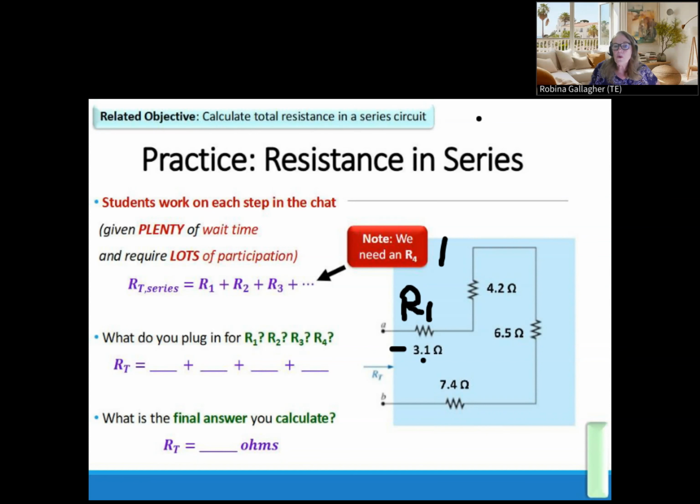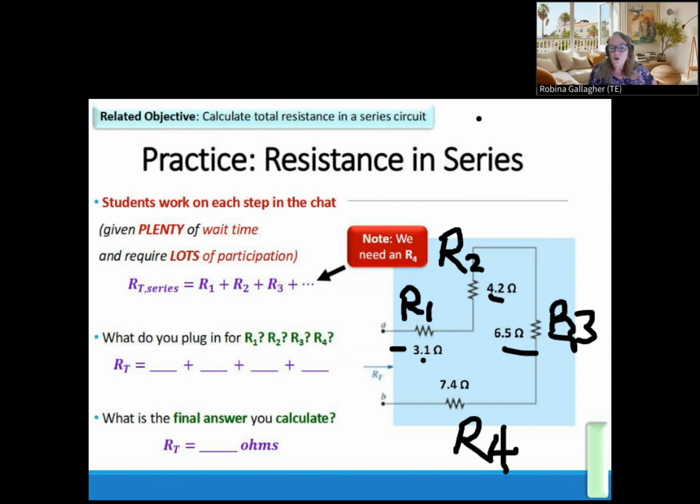Resistor 2 is going to be 4.2. Resistor 3 is 6.5, and then resistor 4 is 7.4 ohms.